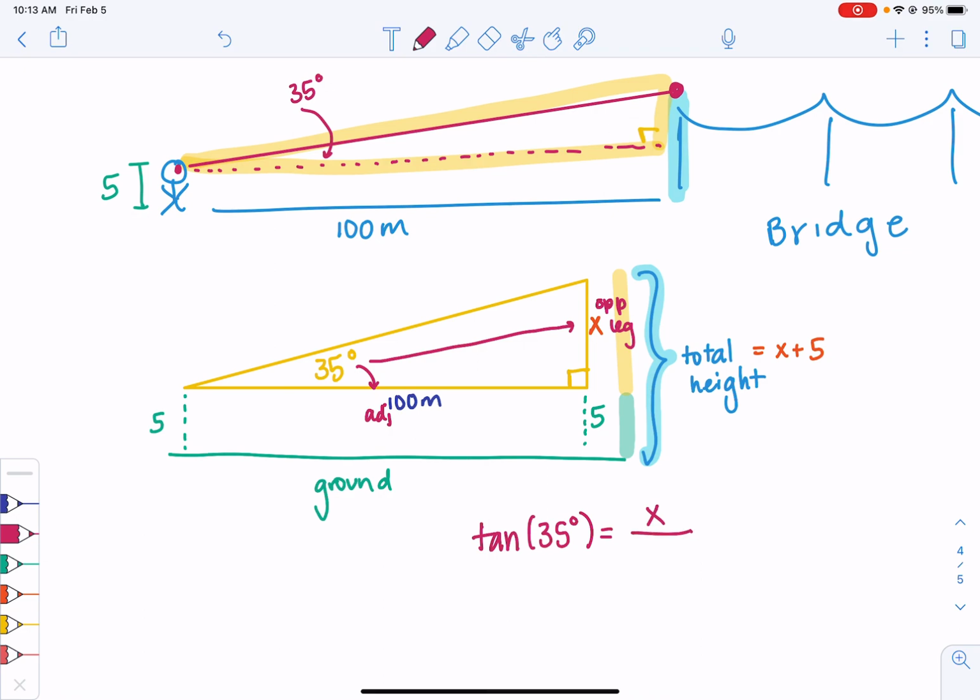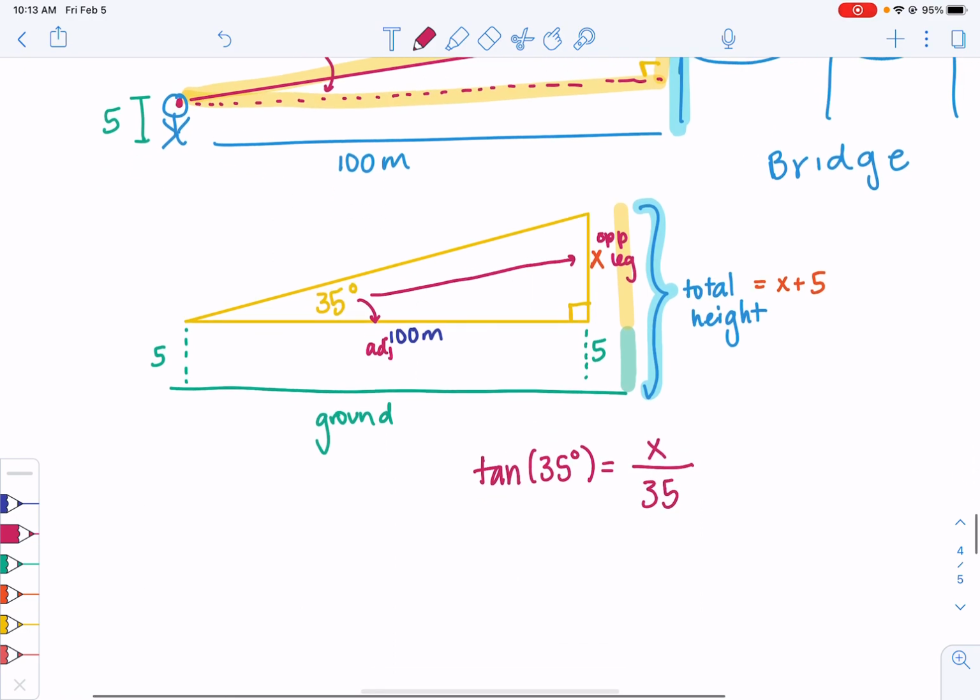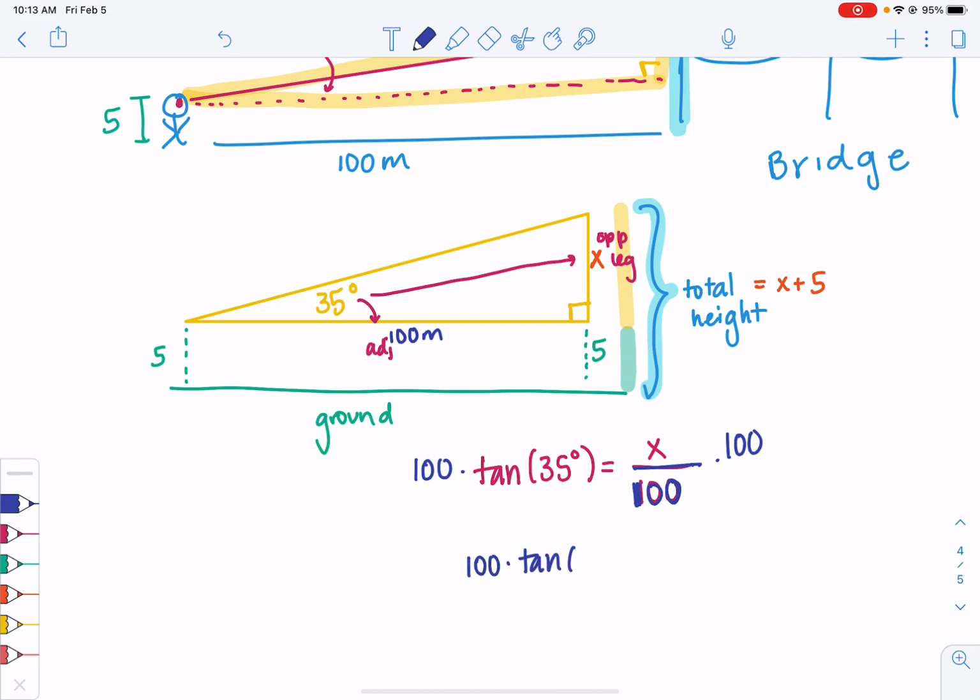Opposite x divided by adjacent, 35. Or not 35, 100. Sorry. We're dividing by 100, so we multiply by 100. Now we check, is x alone?